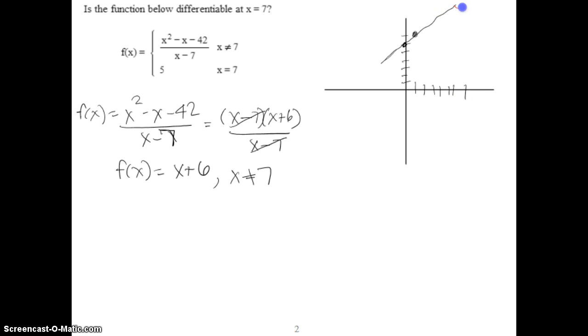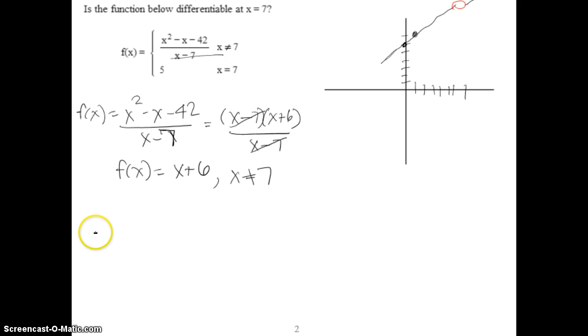There's going to be a hole in this graph. So your graph is going to shoot off in that direction, but it does not exist at x equals 7, because if x was equal to 7, then the original function would be undefined. So that's the first half of the graph.